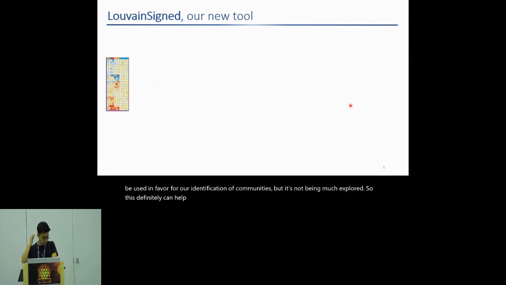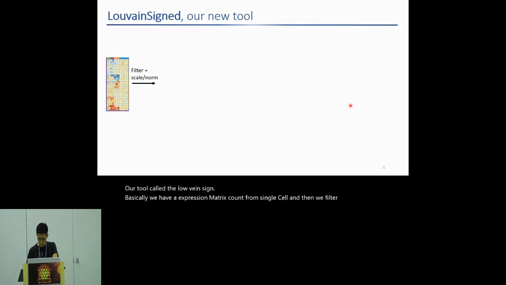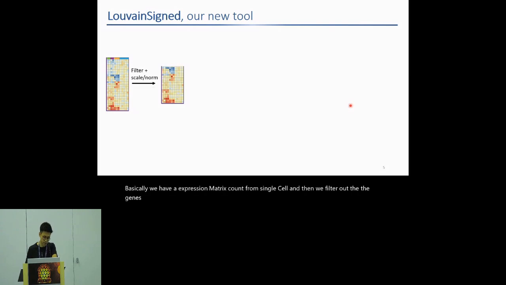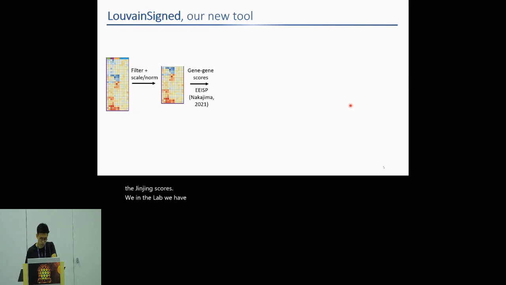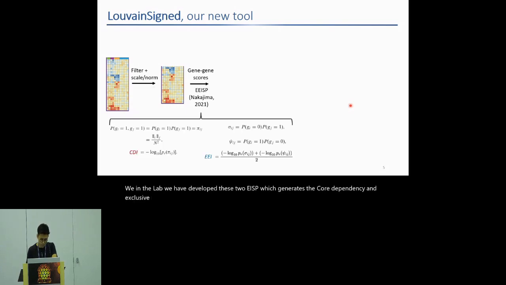And so I would like to introduce our tool called Louvain-Sign. Basically, we have the expression count matrix from single cell, and we filter out the genes that are basically zeros. So we have a smaller one, and then we calculate the gene scores. In the lab we have developed this tool, EISP, which generates the codependency index and the exclusive expressed index, which mainly binarizes.